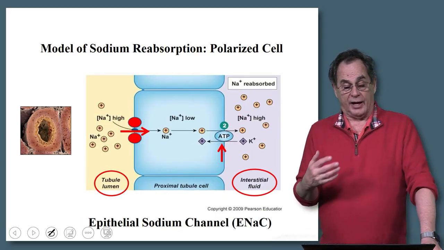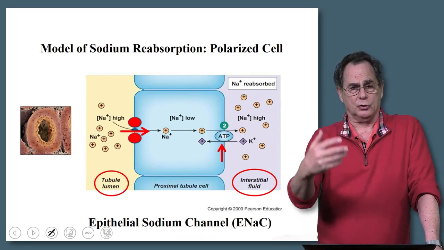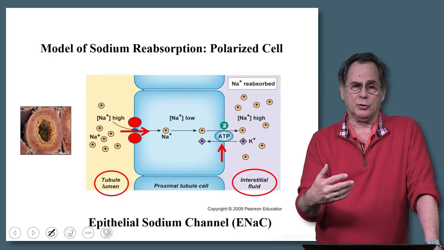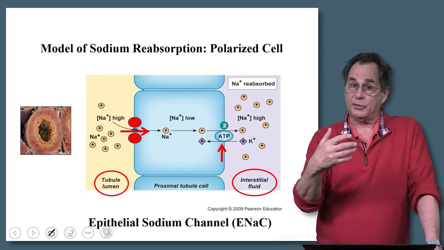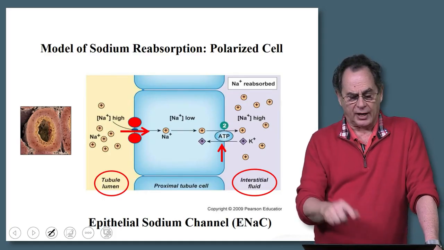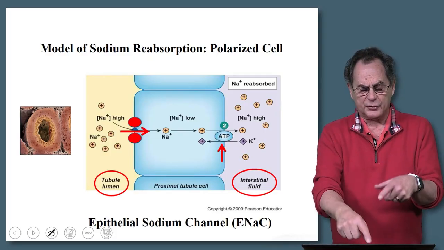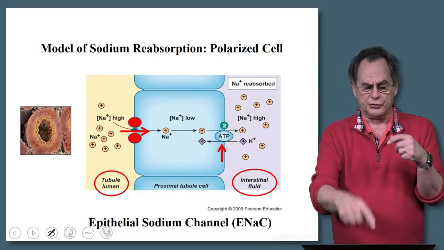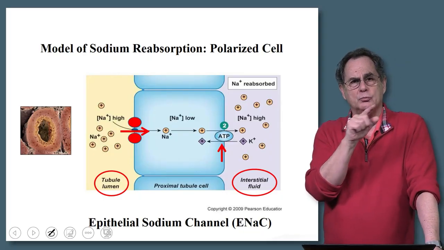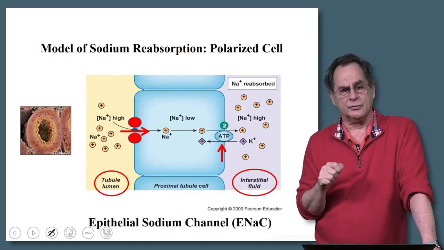Now, another kind of protein can exist within the luminal membrane, and this is the one we'll talk a lot about when we talk about the regulation of sodium reabsorption and the regulation of potassium excretion. This is an epithelial sodium channel, and I've represented it, since it has multiple components, as two round circles in the luminal membrane. This is a channel that allows sodium to move across the luminal membrane down a concentration gradient.